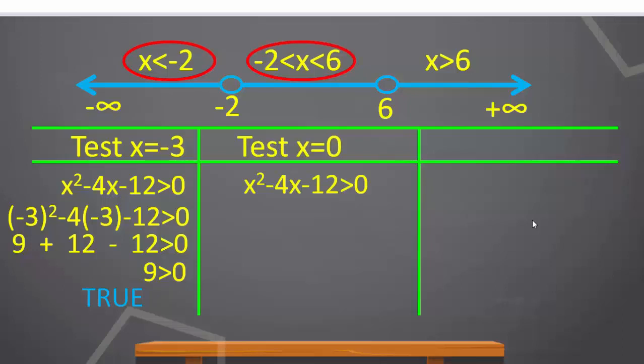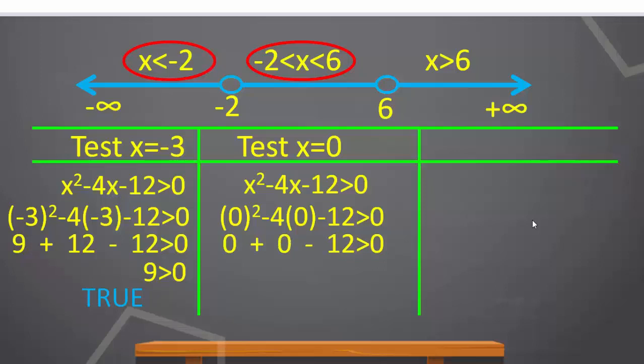For all values of x greater than -2 but lesser than +6, let us test x equals 0. So we have 0 squared minus 4 times 0 minus 12 is greater than 0. Then we have 0 plus 0 minus 12 is greater than 0.